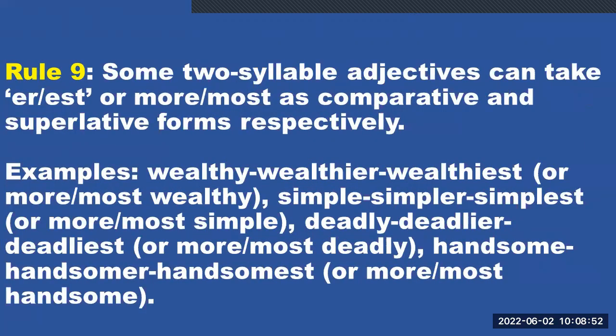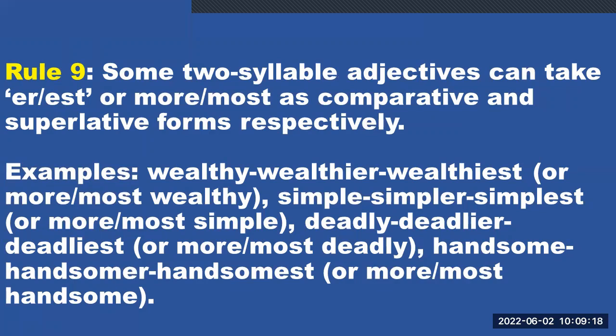Now, rule number 9: some 2-syllable adjectives can take ER and EST or more and most as comparative and superlative forms respectively. All right, some of the 2-syllable adjectives can fit into the two alternatives.